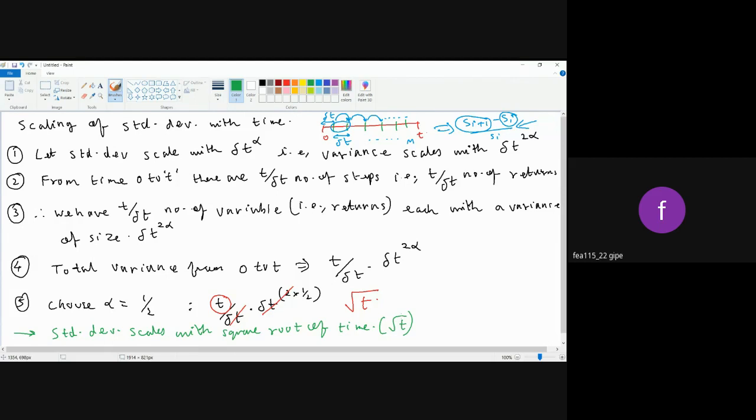We'll talk about the practical use along the way once we introduce the concept of value at risk. At that time, we try to relate this scaling of standard deviation with time and how exactly you can use it for regulatory or management reporting. But this is one result you will need to remember: standard deviation scales with square root of time. So two things basically: mean scales with time and standard deviation scales with square root of time. Once you remember these two, we are good to start. These are the basic things which we require, so familiarity with this will help us take the next step.